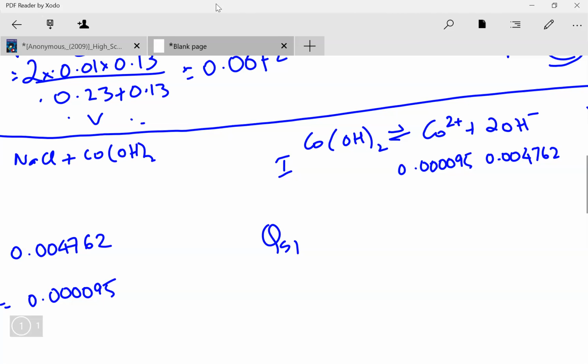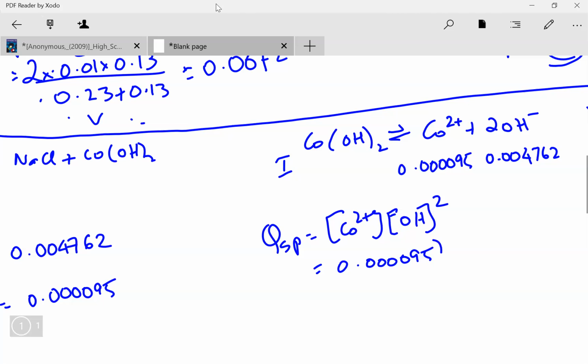So my QSP is cobalt concentration times hydroxide concentration squared, so let's do that.